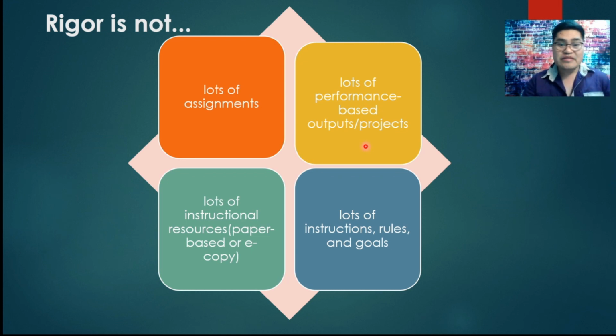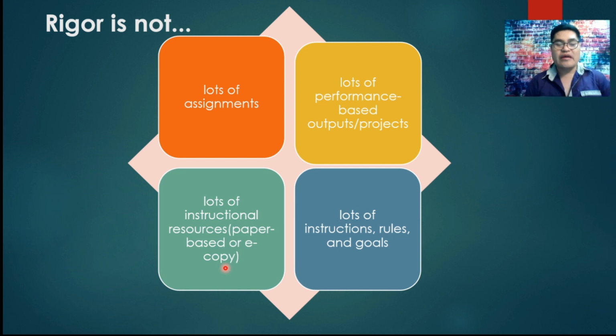And rigor is also not giving lots of instructional resources, whether it's paper based or electronic copy. That's not rigor, okay? It's like they are overloaded with lots of electronic work or paper based work.